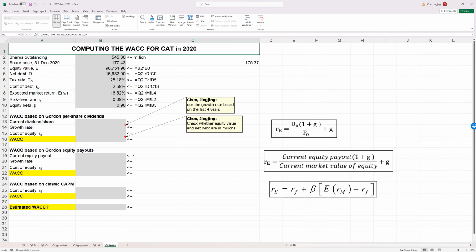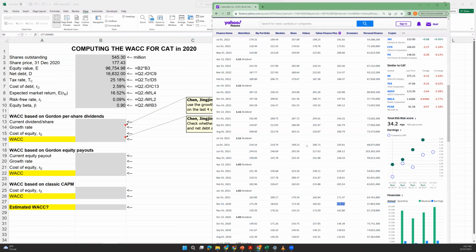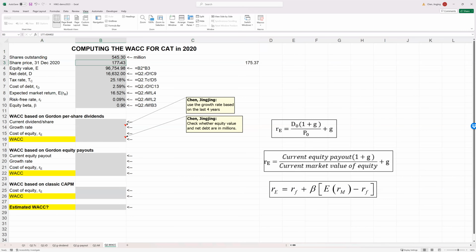Now I want to move on to the calculation of WACC. Because the price data I downloaded looks a little bit different, that's why I have 177. If I use the updated adjusted price, it probably will be 170. In practice, there's never an issue here.